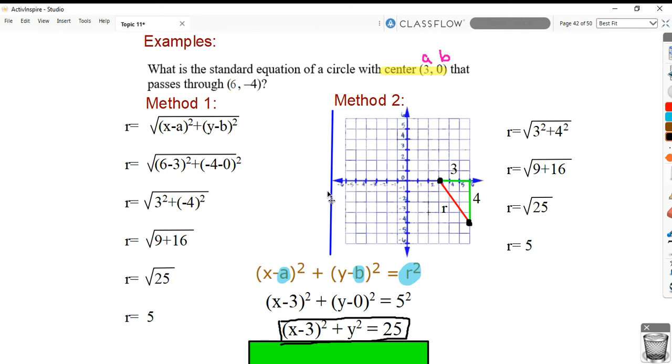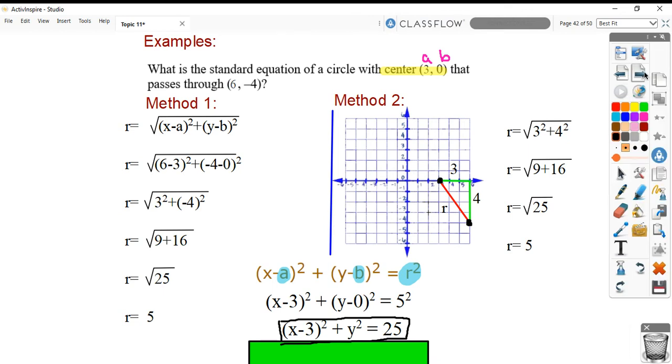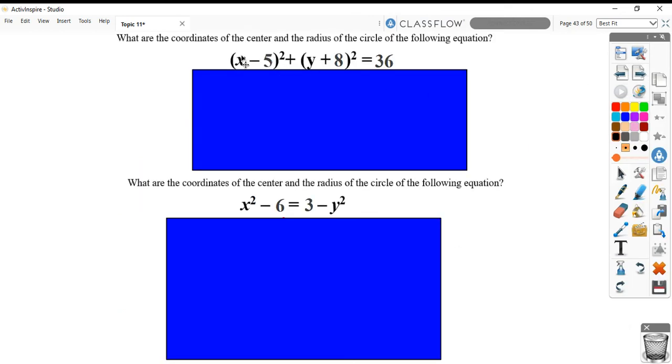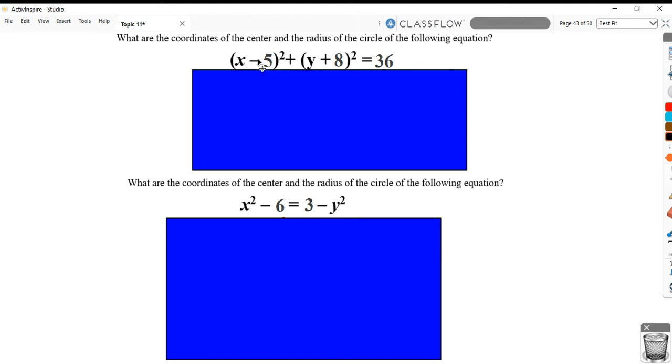So what I'm getting at is whatever plus or minus sign is in those parentheses, it is the opposite of what your coordinates actually are. So we look at this equation, we see x minus 5.